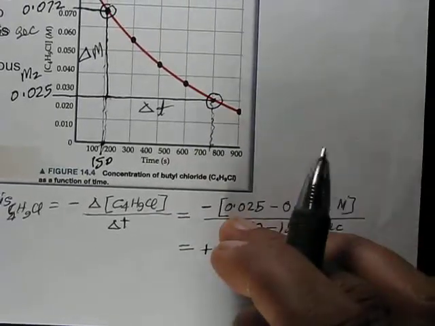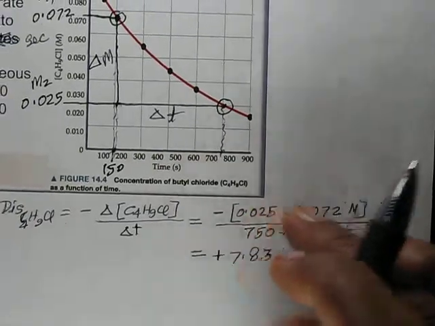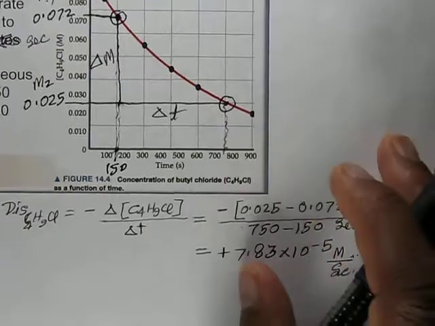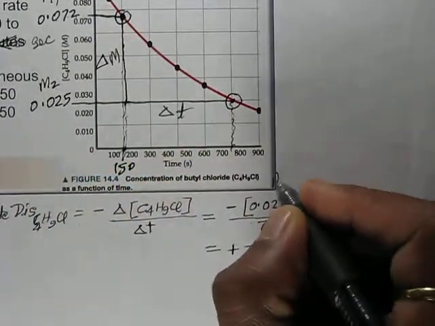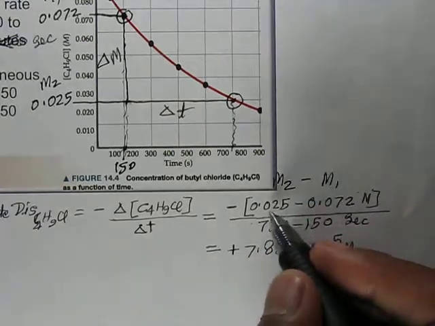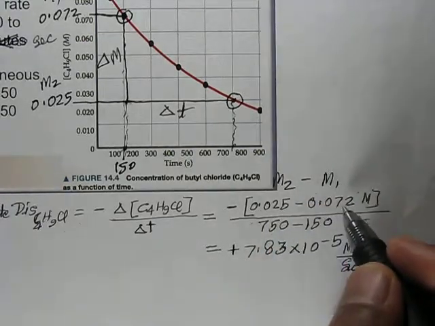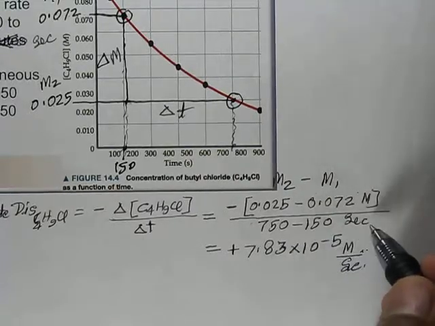So this is final molarity minus initial molarity, M2 minus M1. So 0.025 minus 0.072, divided by 750 minus 150 seconds.